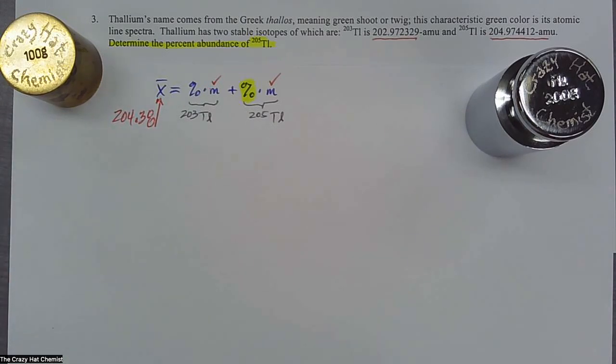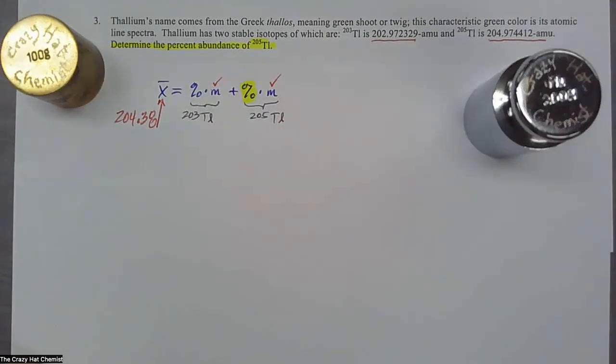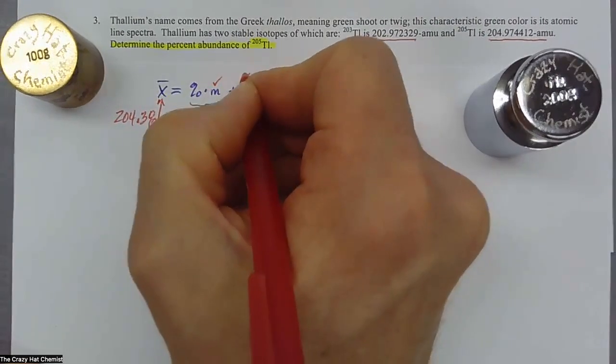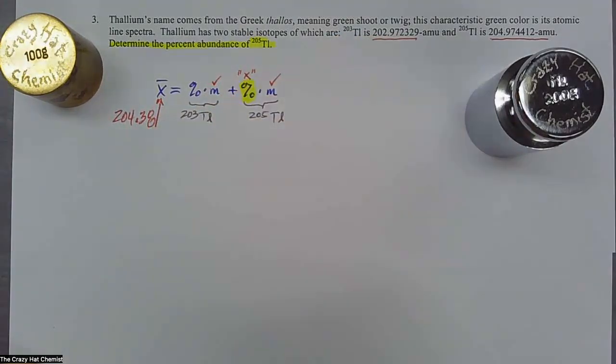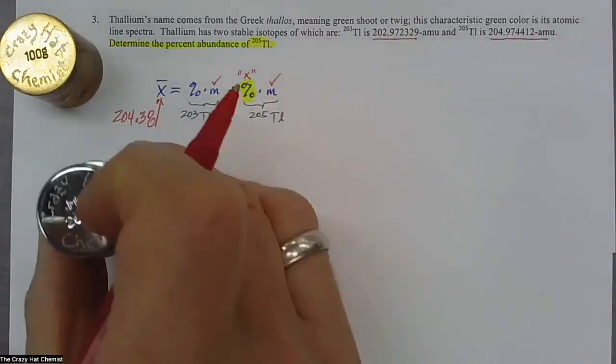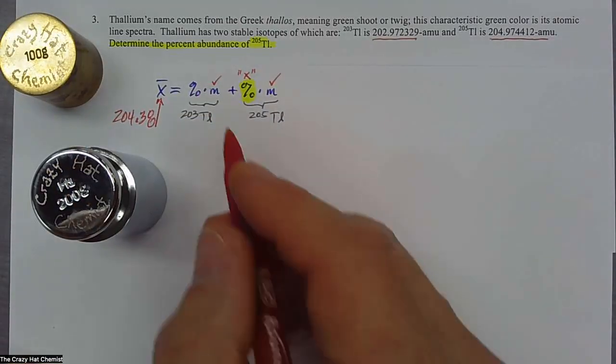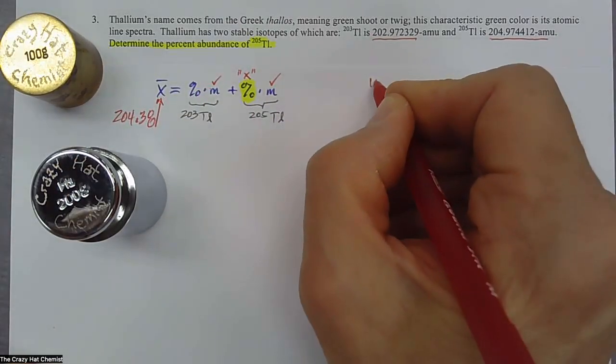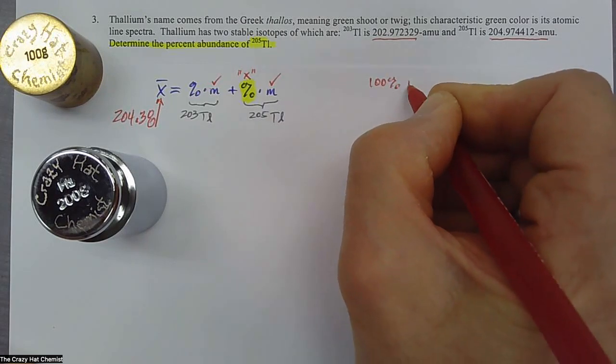Perfect. So now we are going to plug in the information that we need to here. Since this is the percentage that I'm solving for, I'm going to call this X. There are two stable isotopes of thallium. So let's do the next part here. We know that the percentages add up to 100%.